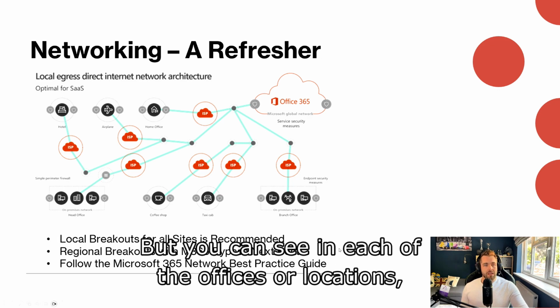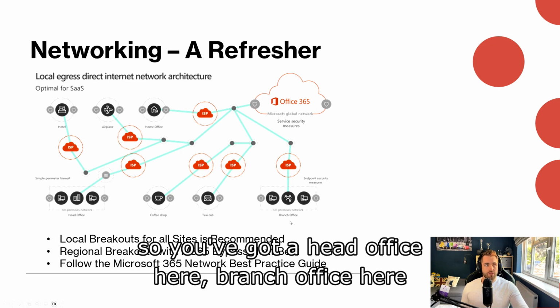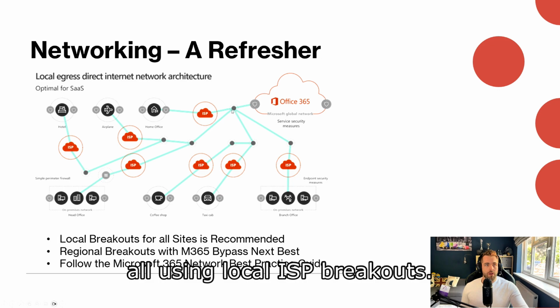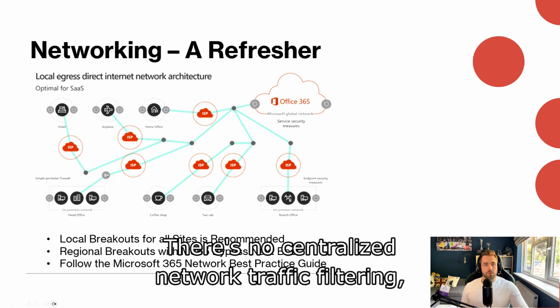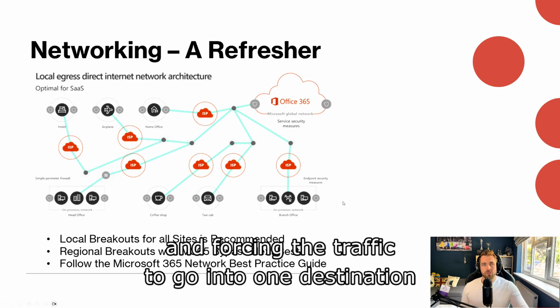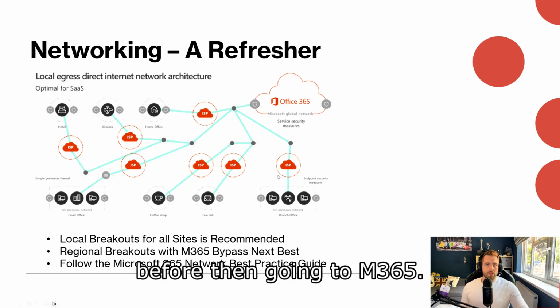But you can see in each of the offices or locations, so you've got a head office here, branch office here, and then some individual workers all using local ISP breakouts. There's no centralized network, traffic filtering, proxy, etc., controlling all the traffic and forcing the traffic to go into one destination before then going to M365.